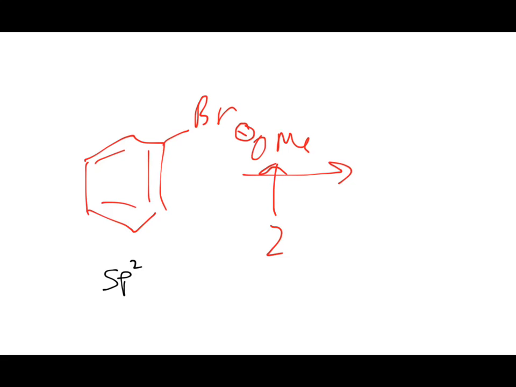Primary, secondary, tertiary only works on sp3 carbons. What's the hybridization of that carbon? sp2. We classify that based on its hybridization. It's an sp2 carbon. What's the reactivity of sp2 carbons in substitution, or even for that matter, elimination reactions? It's a lot lower. So we absolutely won't see the substitution reaction here.